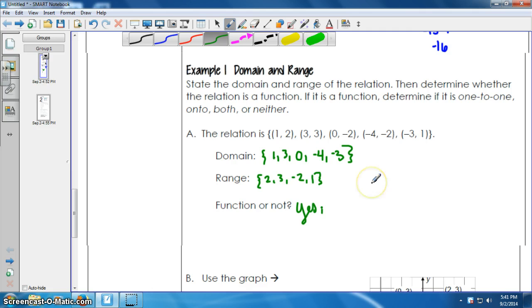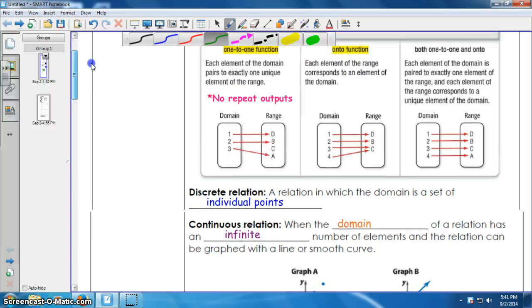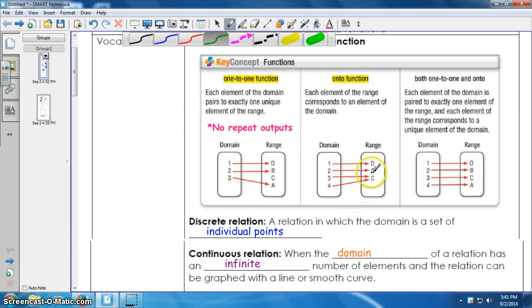So when there's a repeat in the range, then it is considered onto. So it can't be both because we have that repeat in the range. So it is not one-to-one because our range is repeating. So it's just the onto. And if you need to go back up to your little table here to look at those, you can see that our range being repeated is an onto.